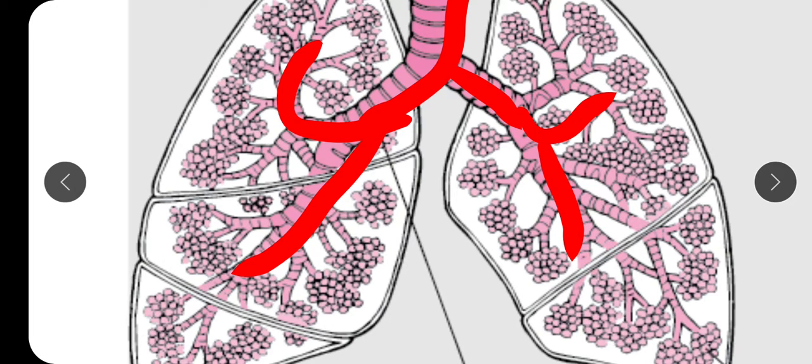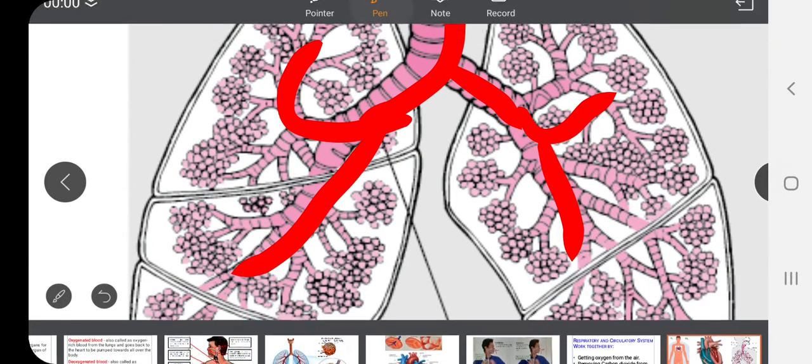Grapes, the small circles here, alveoli, singular alveolus.